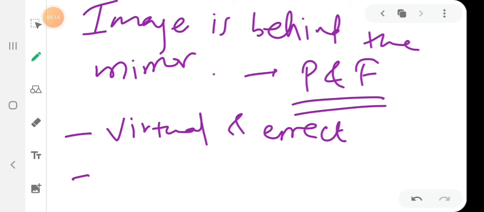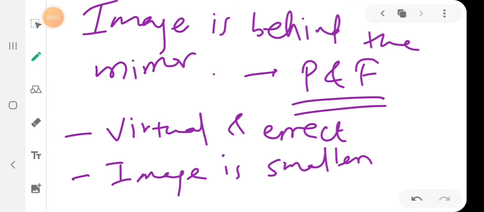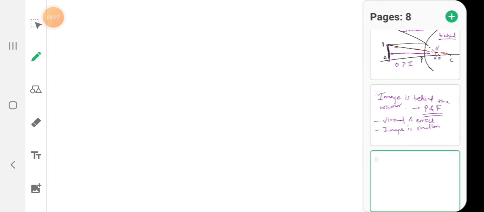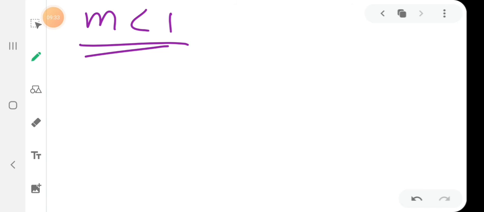And the third thing, the image is smaller in size, मतलब image diminish हो रहा है. So we can say that if the image is being diminished, then the magnification is less than 1.